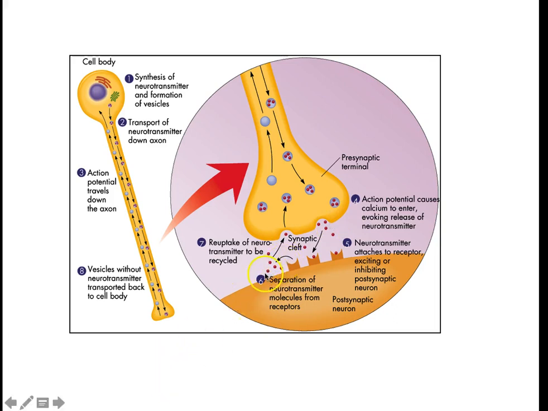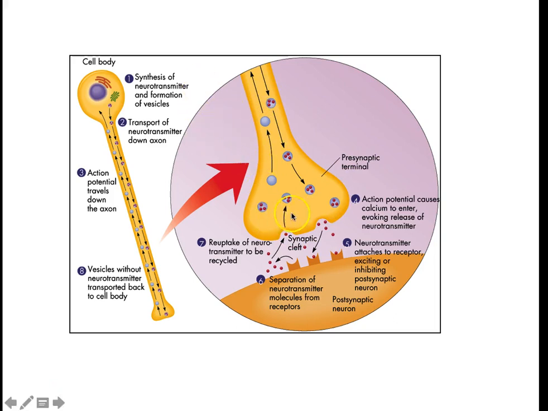So once the neurotransmitter has bound and the electrical signal is down this neuron, you can have the neurotransmitter leave the receptor and be pumped back into the original neuron from which it came. There are specific pumps that do that.